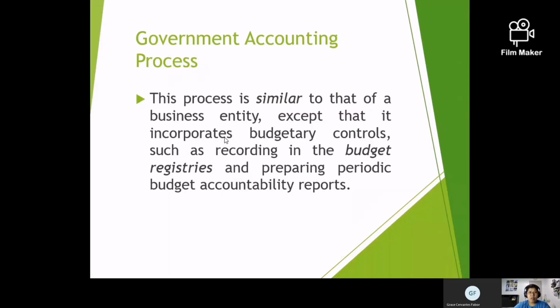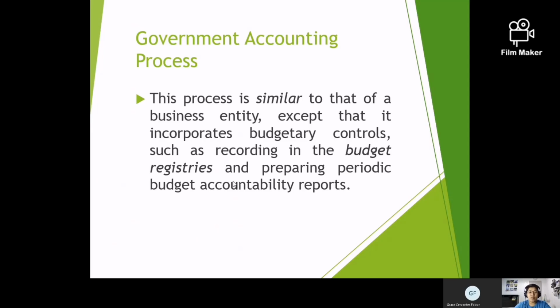But what is the government accounting process? This is a process similar to that of a business entity. Which means, as we said, accounting encompasses or comprises the activities of analyzing, recording, classifying, summarizing, and communicating transactions involving the receipt and disposition of government funds and property and interpreting the result thereof.